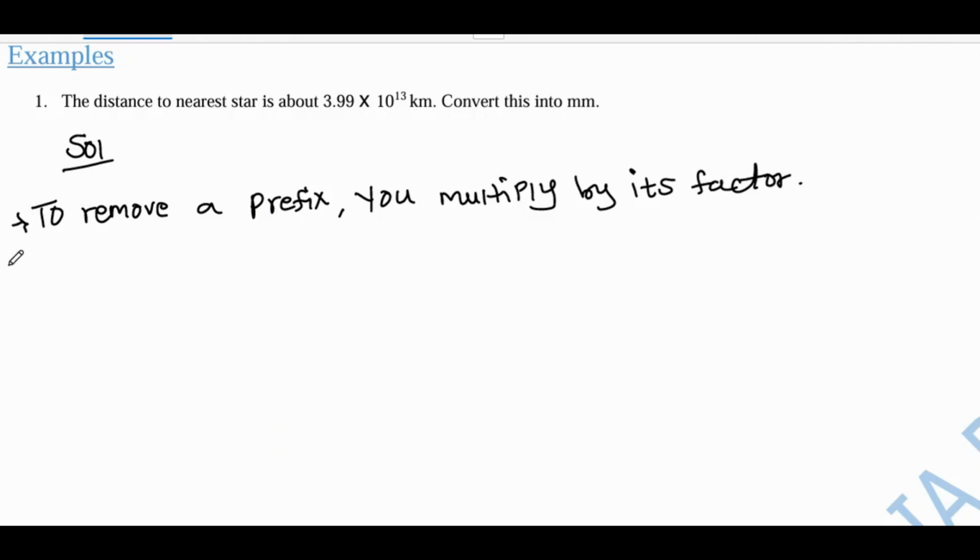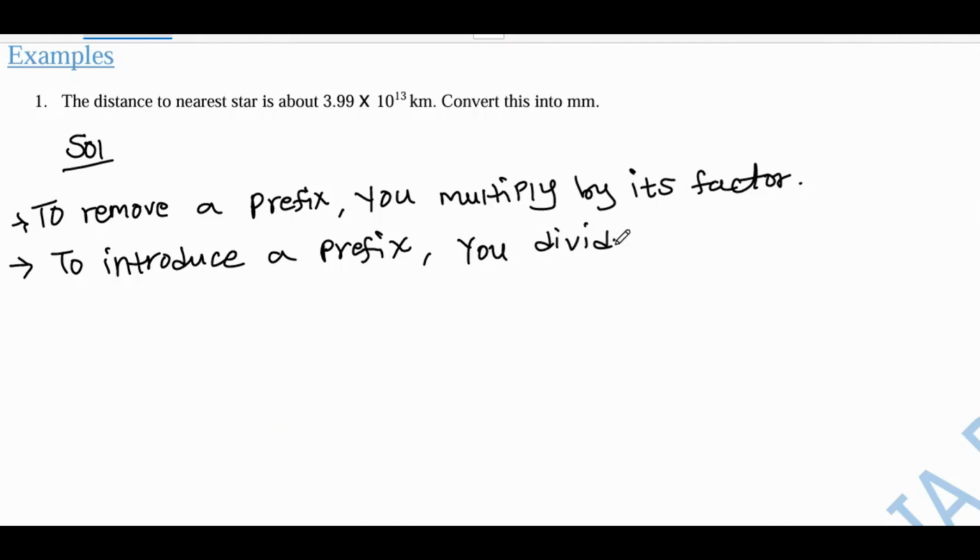Also, to introduce a prefix, you divide by its factor.